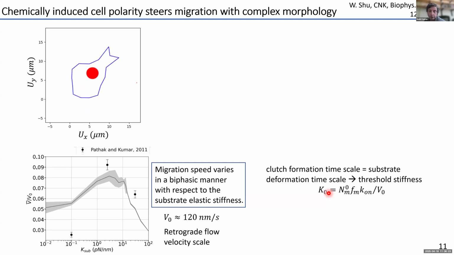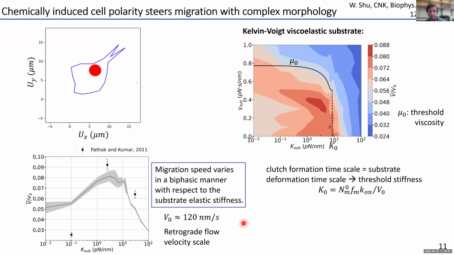If you take those two time scales, the clutch formation time scale and the substrate deformation time scale, then you can find the threshold stiffness, which is given by the number of motor clutches, the force each motor clutch can support, and the clutch formation time scale, but also the characteristic velocity scale within the cell, which is associated with the retrograde flow. This is about 120 nanometers per second or so.